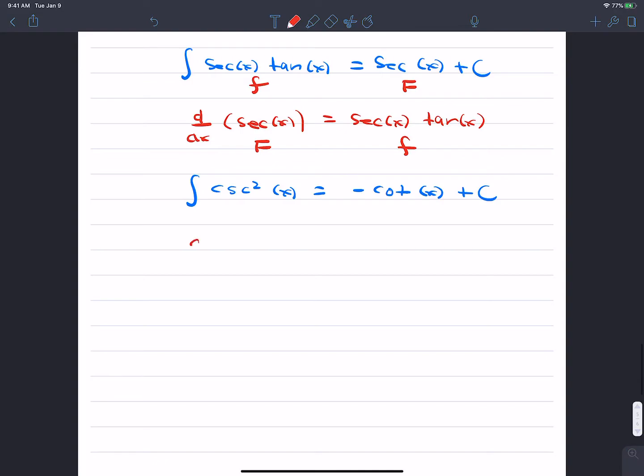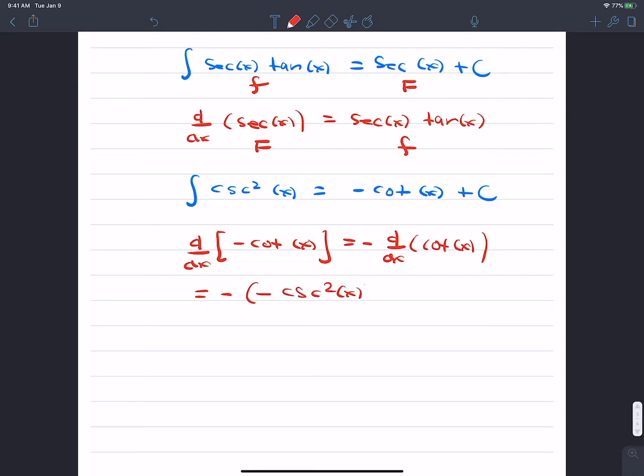So I just want to remind you guys, here's how we showed you how to do these here, right? If I differentiate minus cotangent, pull out the negative sign and differentiate cotangent. Right? What was the derivative of cotangent? Minus what? Minus cosecant squared. Minus the minus makes that a what?